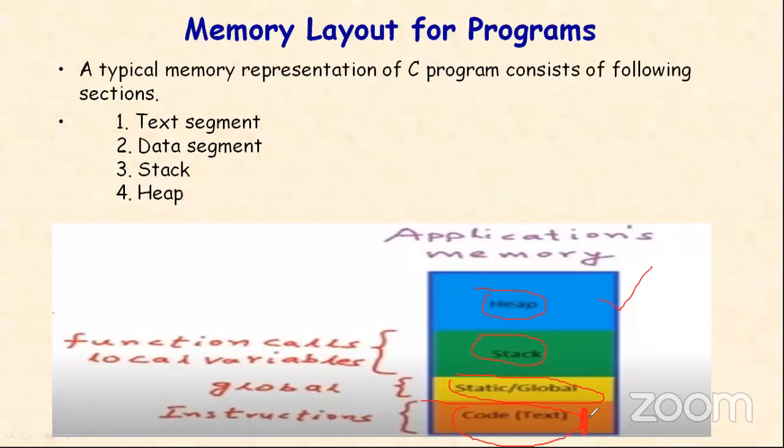Whatever instructions or lines you have in your program, that code is stored in the code segment. Next, what is stored in the static or global segment? The global variables that you declared in your program.